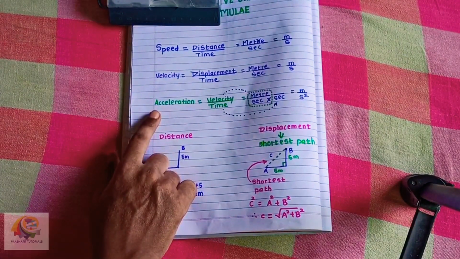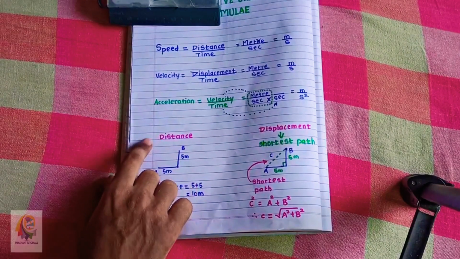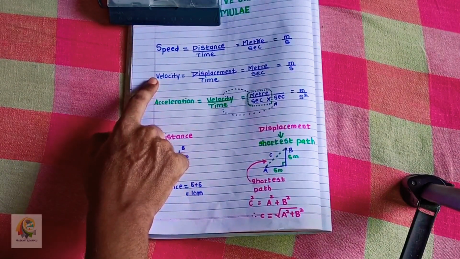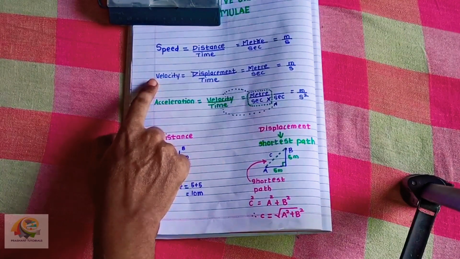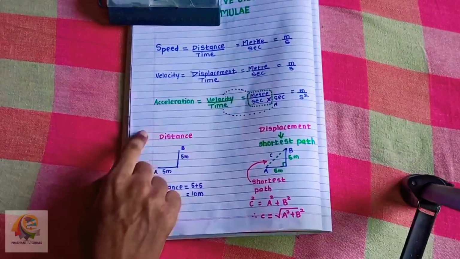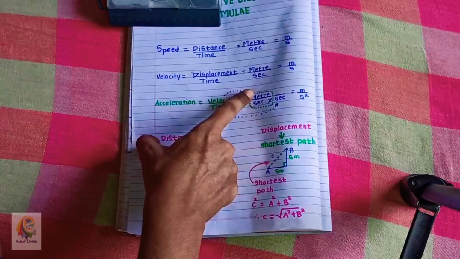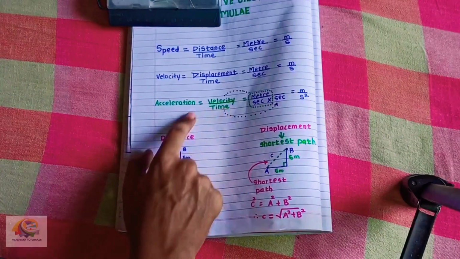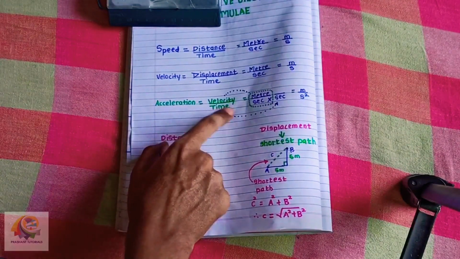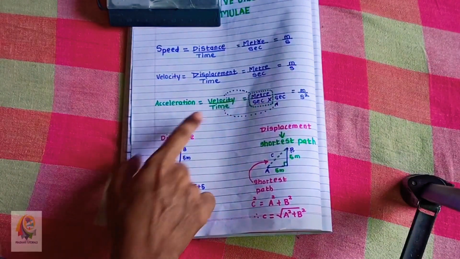Now acceleration has the formula velocity upon time. Just now we learned the formula of velocity, which is meter per second, correct? But this is just the formula for velocity. In the denominator we have extra time also. For that time we multiply the denominator by second once again.